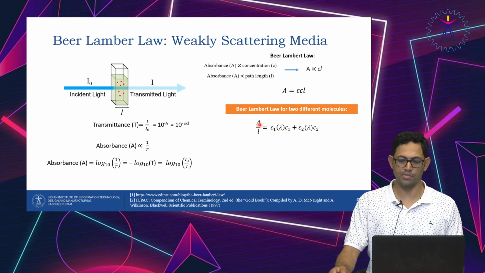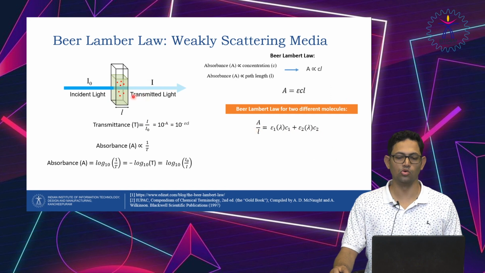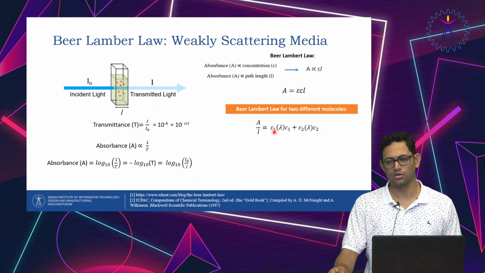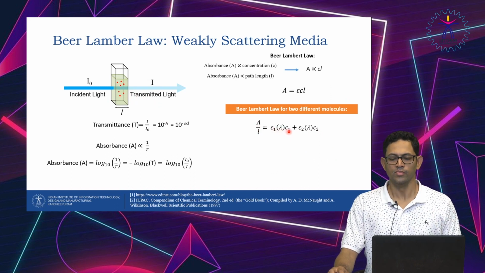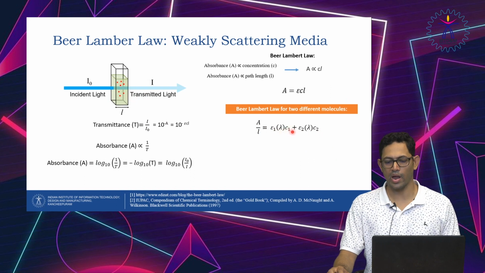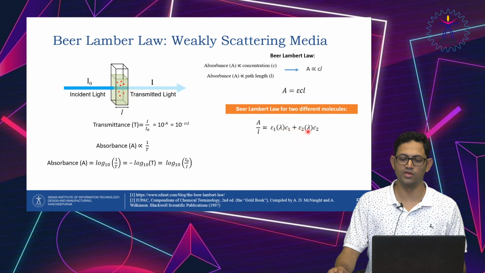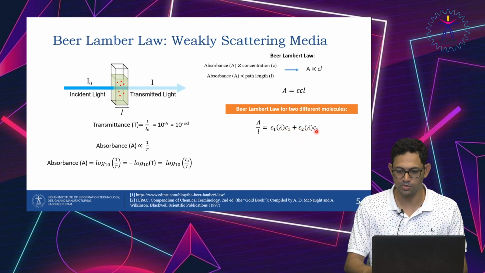That is, the absorption over the path length, the cuvette length, is equal to the molar absorption coefficient of the first species times its concentration, plus the molar absorption coefficient of the second species times its concentration.